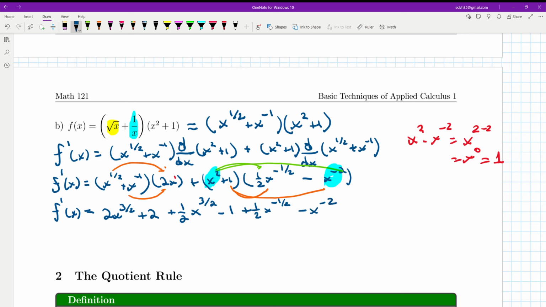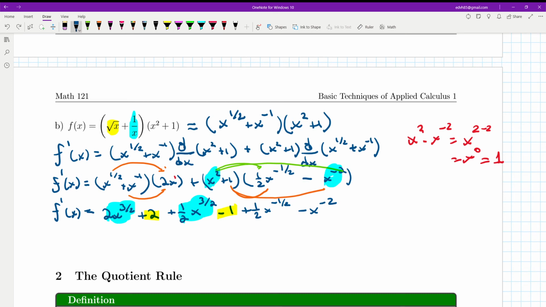So in this case, we're good to go and simplify any like terms that we may have. For example, it looks like we have this x to the 3/2 and x to the 3/2. We can also combine 2 minus 1, and the remaining two are totally different powers.